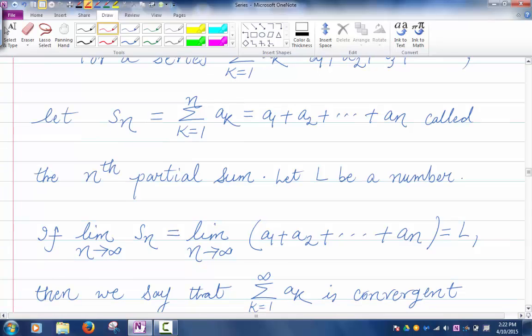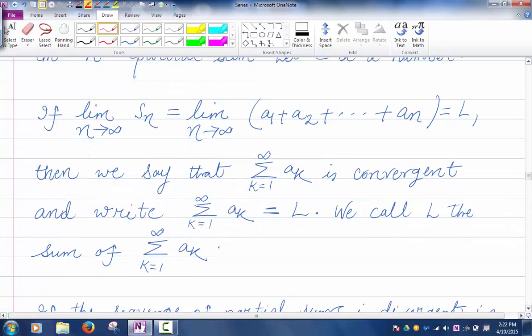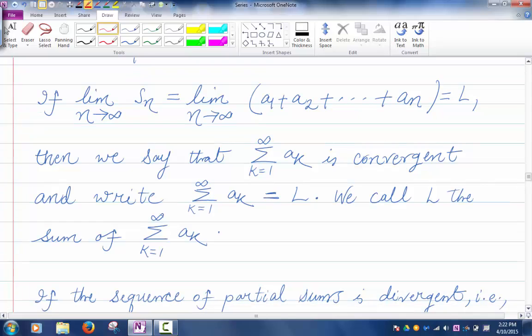So what happens when the limit doesn't exist? When the limit of Sn doesn't exist, or it is infinity, or it is negative infinity, then we say that the series is divergent. We say that the series is divergent if the limit doesn't exist as a number.